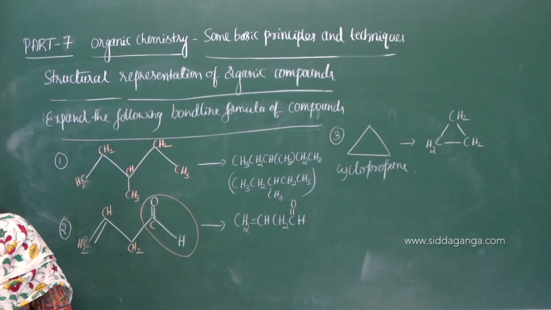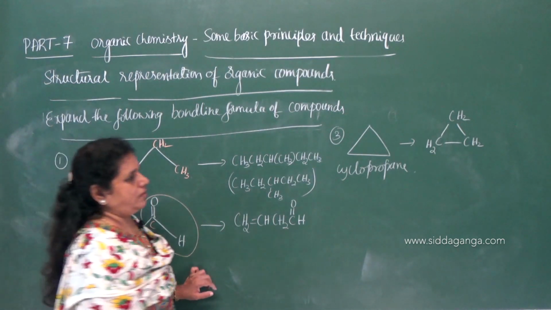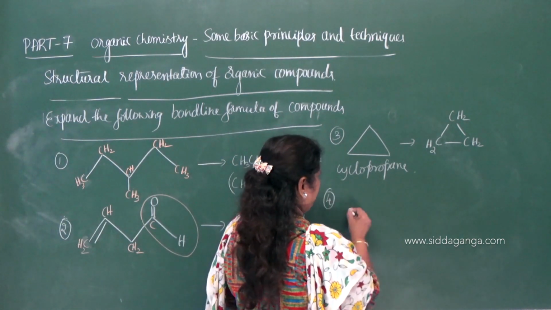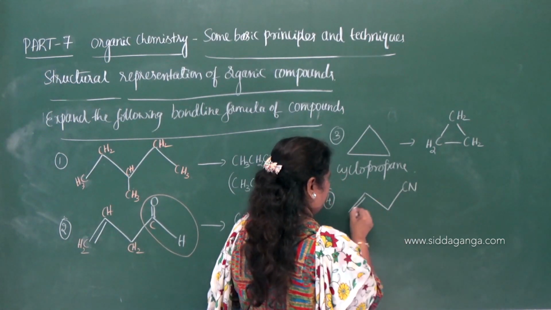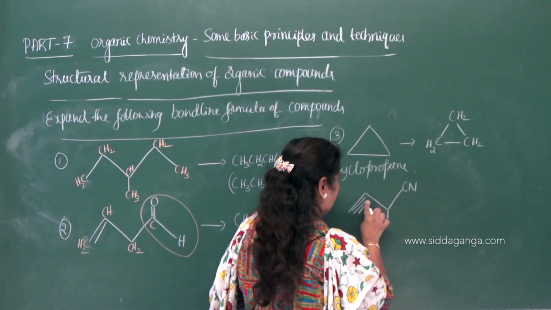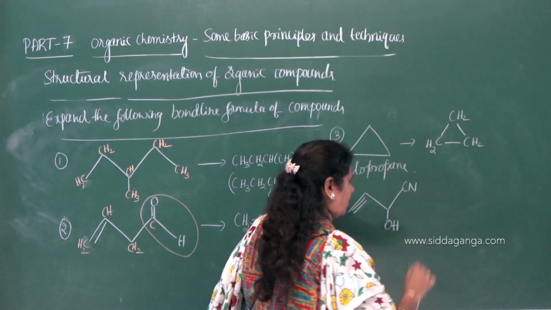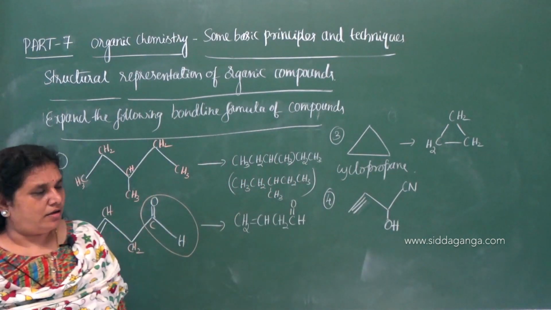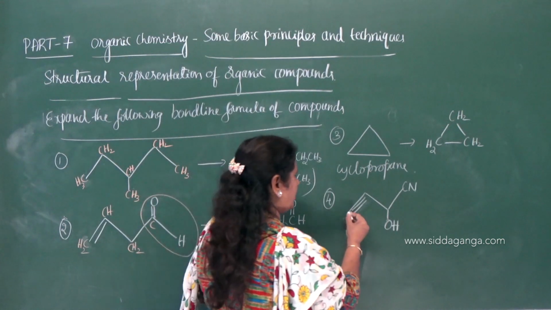Now, let me give one more example here. Fourth one. Okay, this is the given bond line formula. Now, this is carbon.